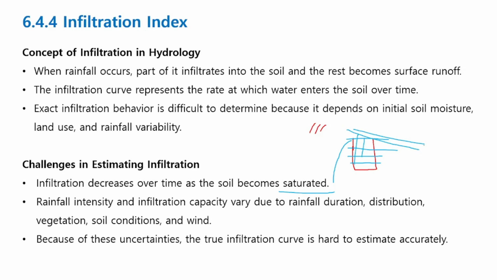Rainfall intensity and infiltration capacity vary due to rainfall duration, distribution, vegetation, soil conditions, and wind. Because of these uncertainties, the true infiltration curve is hard to estimate accurately.